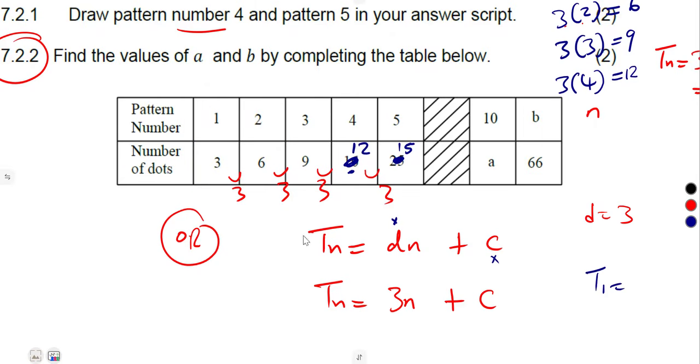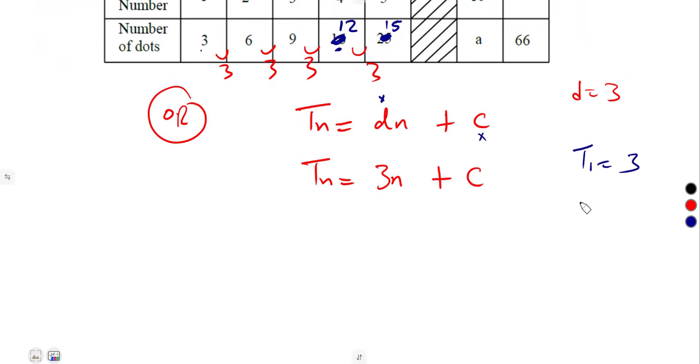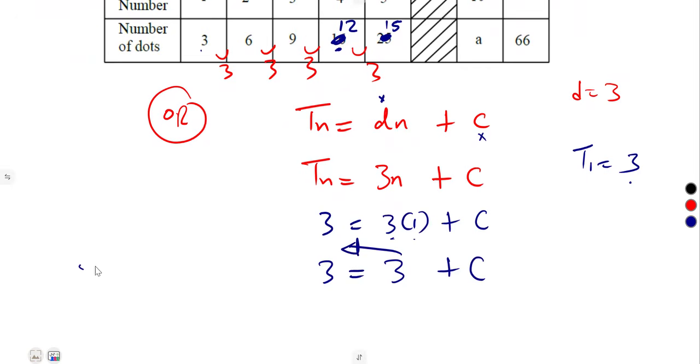So using T1, which is equal to 3, we can substitute. T1 is 3, which is equal to 3 times n, that's 1, plus c. So 3 is equal to 3 times 1, that's 3, plus c. Taking this to the other side, 3 minus 3 is 0. So 0 is equal to c.